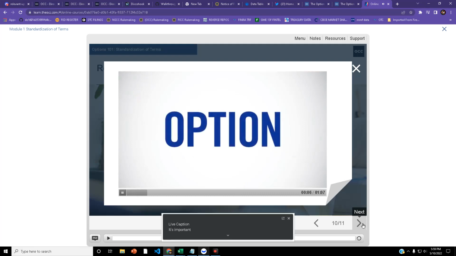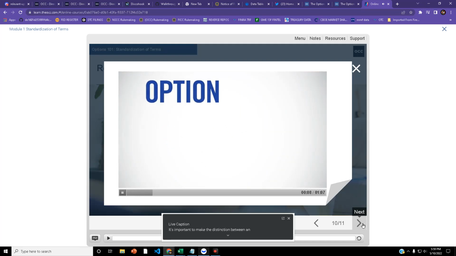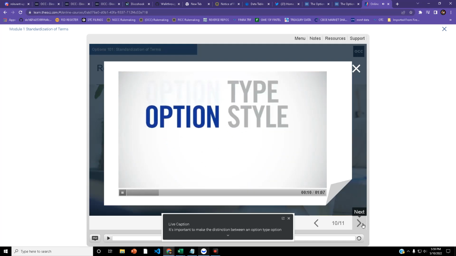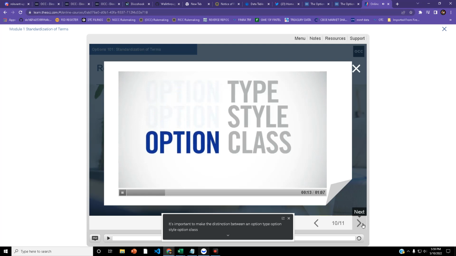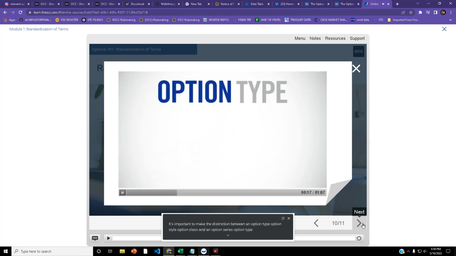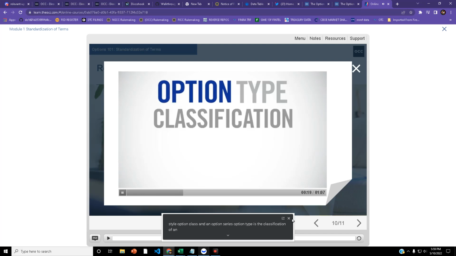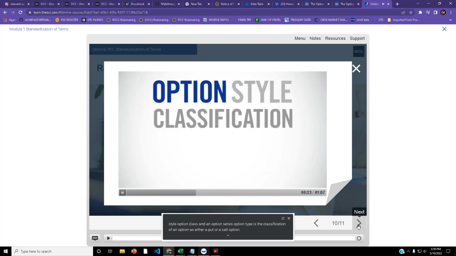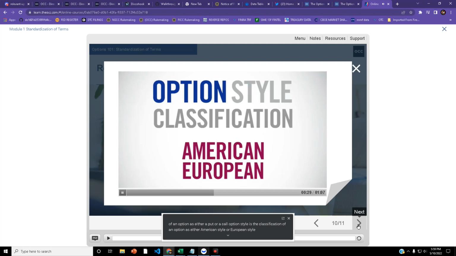It's important to make the distinction between an option type, option style, option class, and an option series. Option type is the classification of an option as either a put or a call. Option style is the classification of an option as either American style or European style.